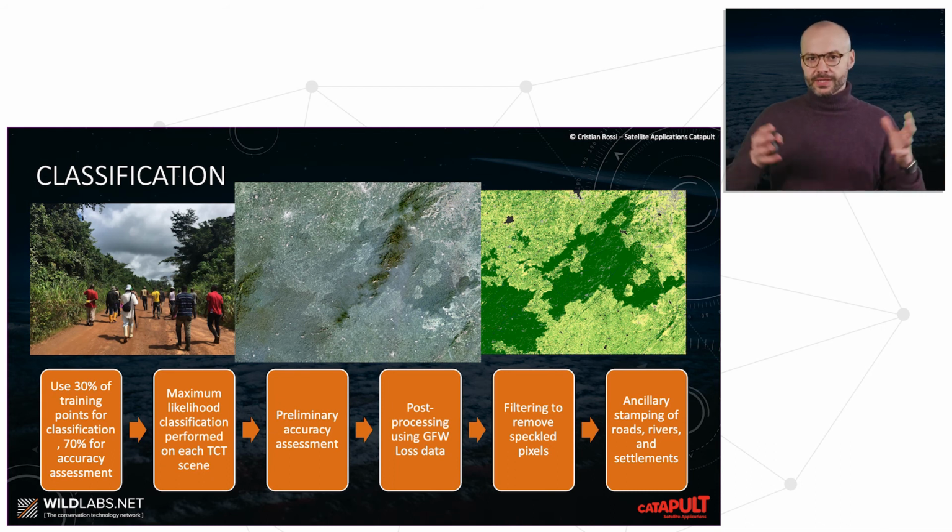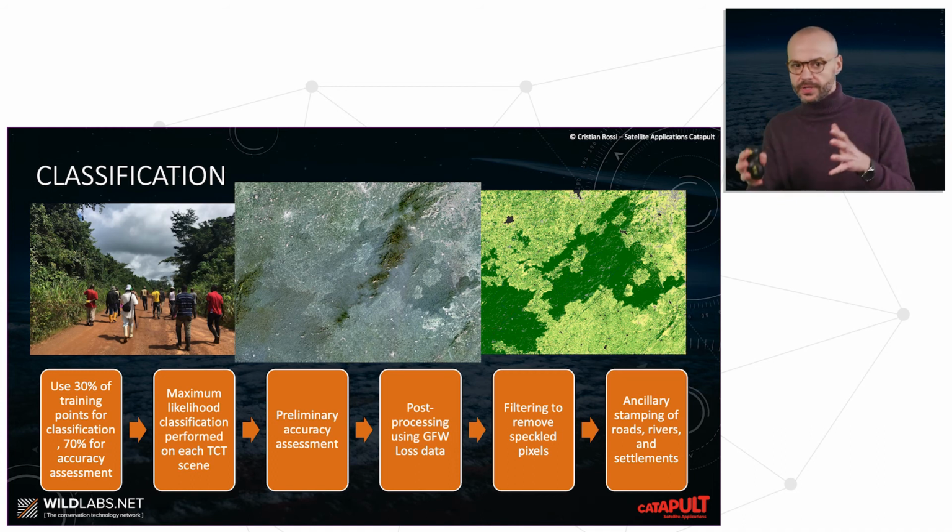We want to build the land cover classification map here. This has been done using artificial intelligence and a specific classifier called maximum likelihood classification. It has been done properly. I won't enter into the detail on how we can do it, but there is a certain approach here, such as using part of the data for training, part of the data for accuracy, and so on.